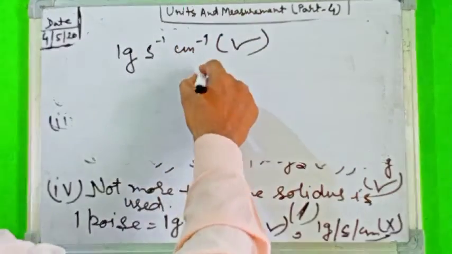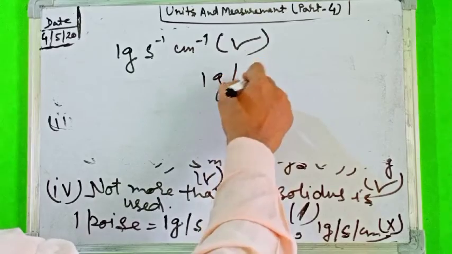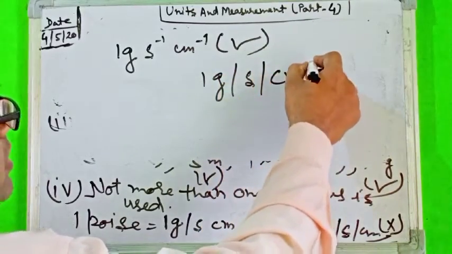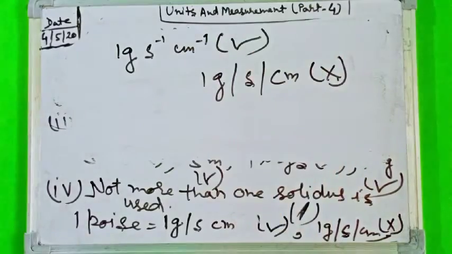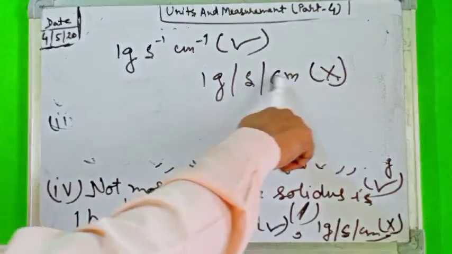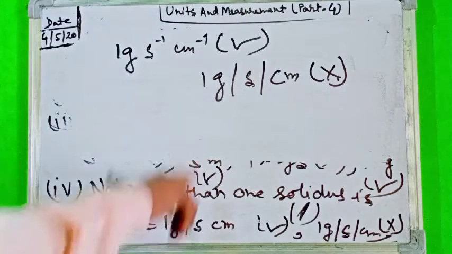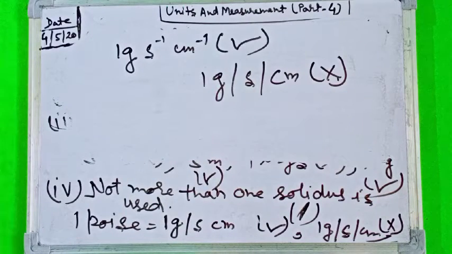But 1 gram per second per centimeter is the wrong way. It means more than one solidus is not used while writing a single formula or single physical unit. If you are expressing a derived unit, then not more than one solidus is required.